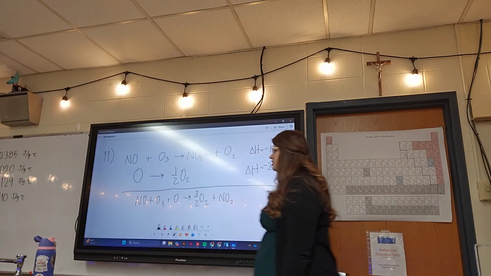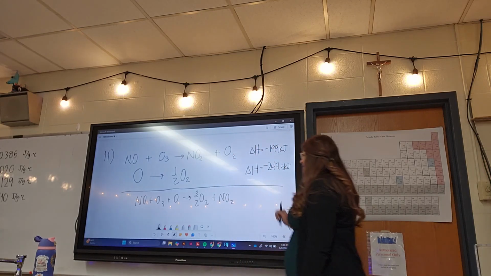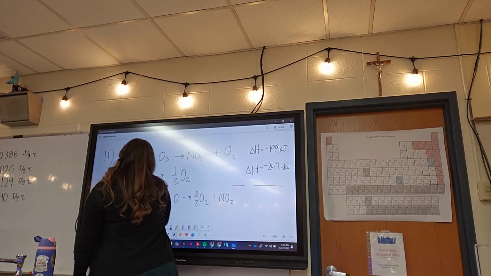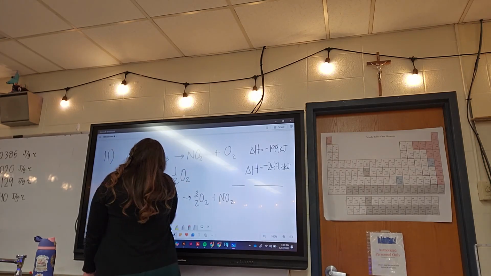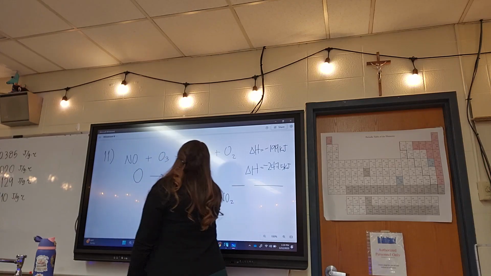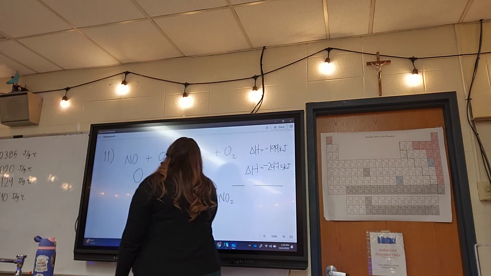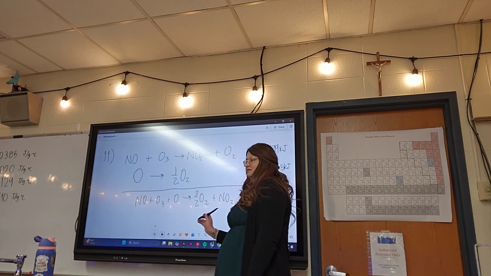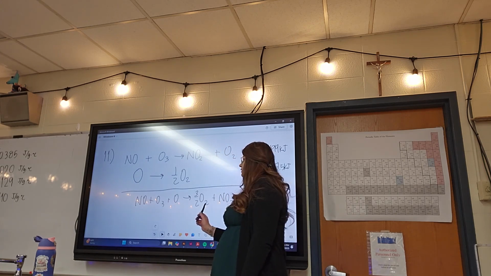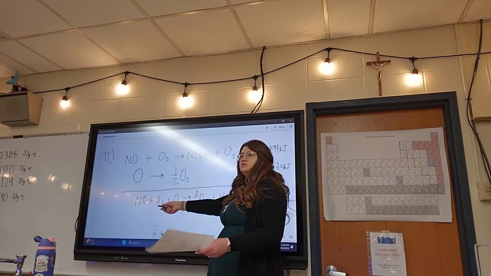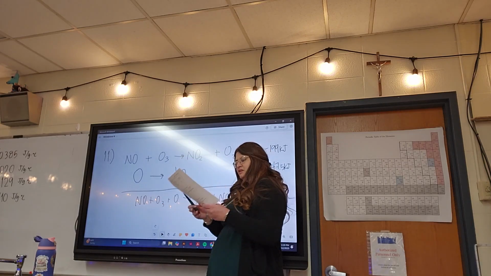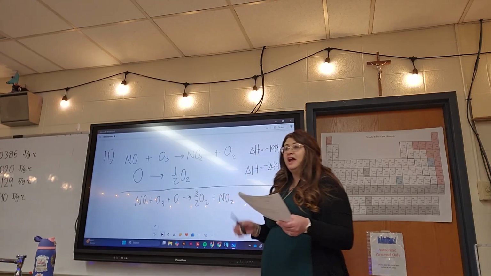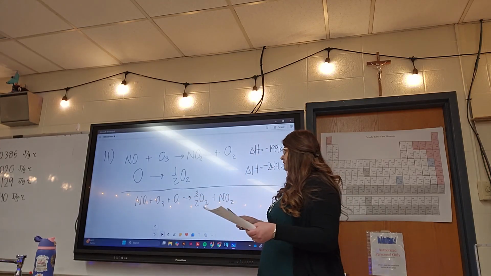Is this the mystery equation? No, so you've got to do something else. What does this equation have that it shouldn't? The O3? Let's look at that first. There's another equation that we've not yet used that has O3 in it.